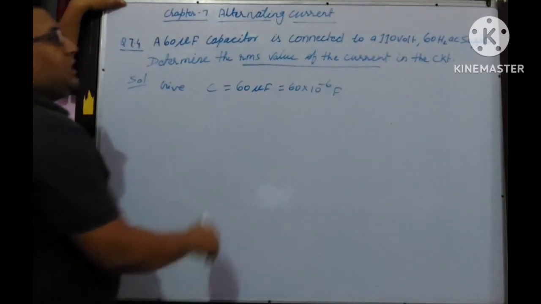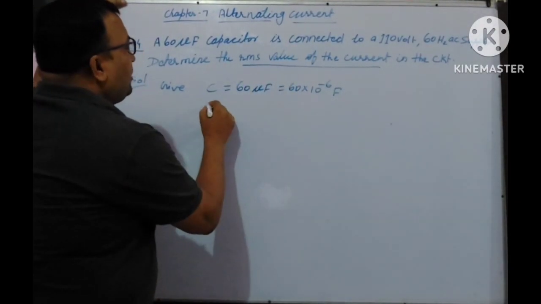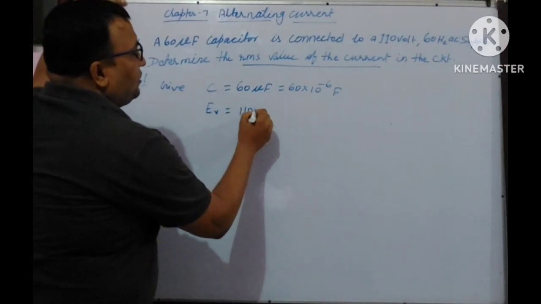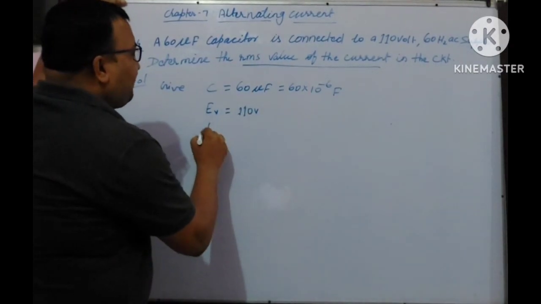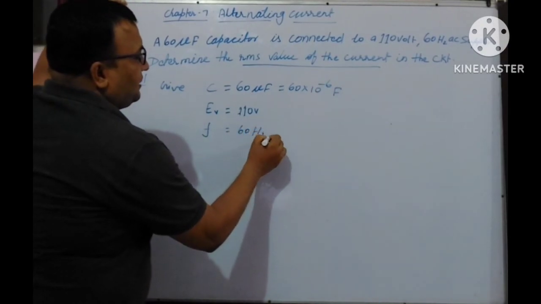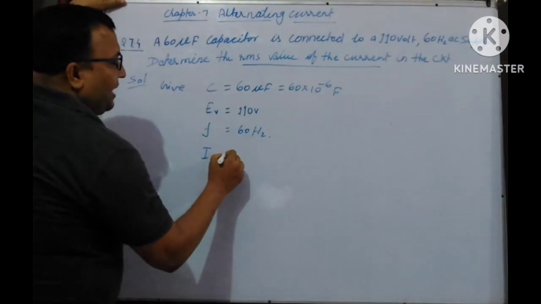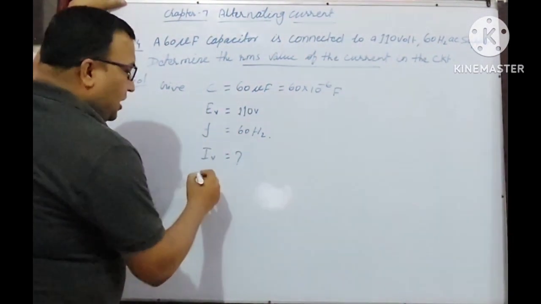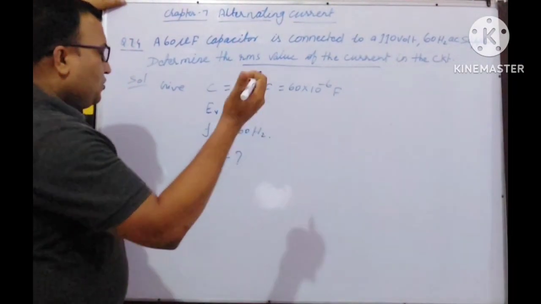Another thing is that it is connected to a 110 volt supply, so EV is given, that is 110 volt. At the same time the frequency is also given, that is 60 Hz. Now it asks what is the value of IV. Very simple. I will write the formula. If you know the formula, this question is very easy.